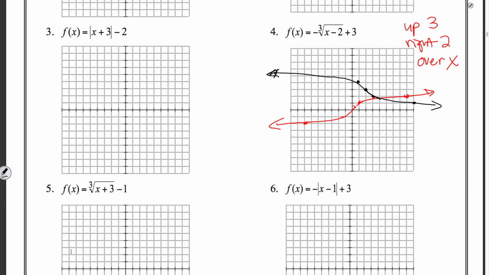And finally, I think we already did the points, right? It was just x plus 2, negative y plus 3. All right. So much for your homework. Let's move on.